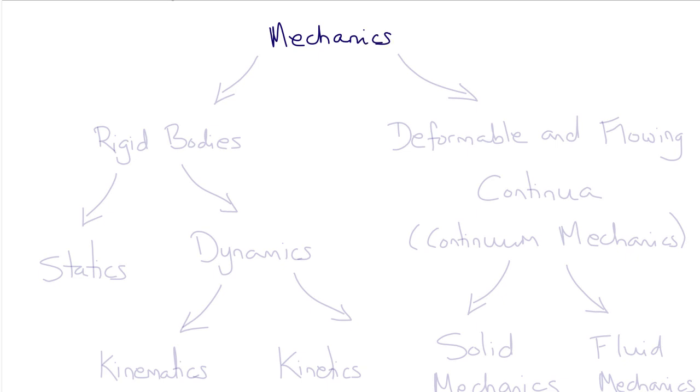So mechanics can be divided into the mechanics of rigid bodies, where we're not concerned with the ability of the material to change shape or flow, and the mechanics of deformable and flowing continuous media.